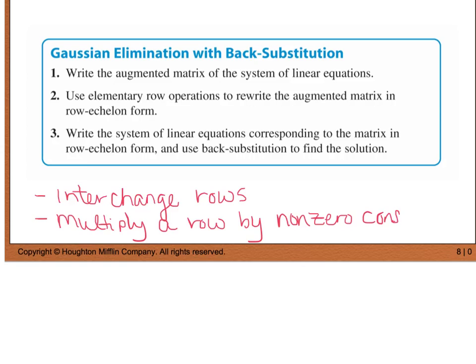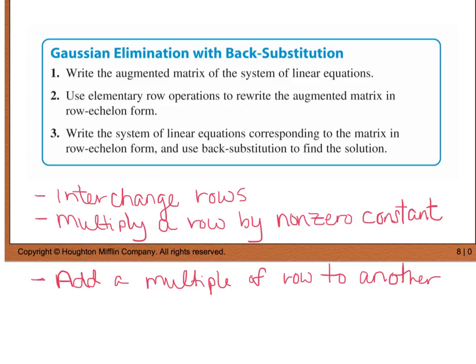And we did this, if you recall, so that we can add two equations together to get a new second equation or a new third equation. And the third one would be to add a multiple of a row to another row.